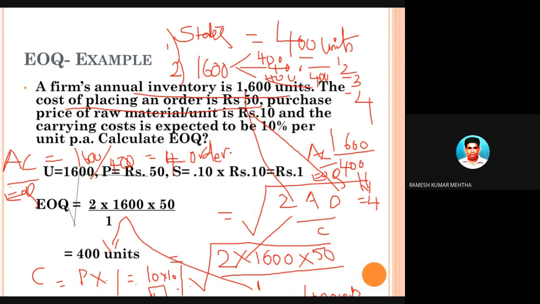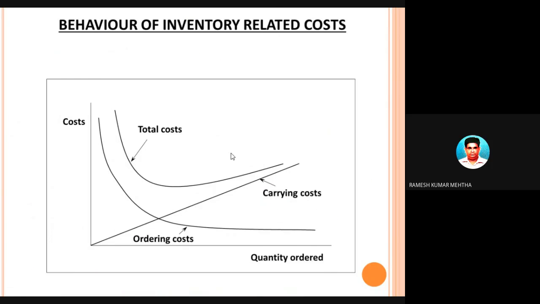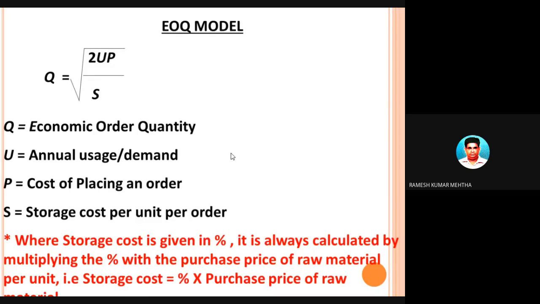Now finally, hope you understood it. Finally I am showing a formula. The abbreviations or the annotations can be anything. For example, I am using the formula square root of 2AO by C, where A is the annual consumption, O is the ordering cost, and C is the inventory carrying cost per unit. But somebody can use something else. For example, this is 2UP by S, where the meaning and the formula are the same, but just the alphabets are changed.